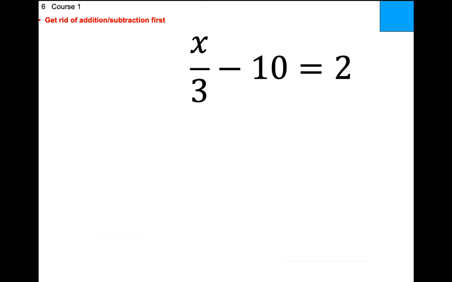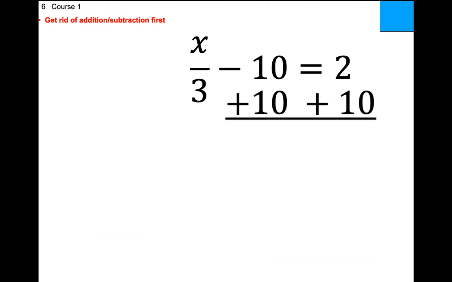This is why we don't do it. It's messy. But we would get x minus 30 equals 6. It will work, it's just more work. So we almost always choose to get rid of addition and subtraction first. Computationally it's probably no different, but when you're writing it out, it's a little bit easier.